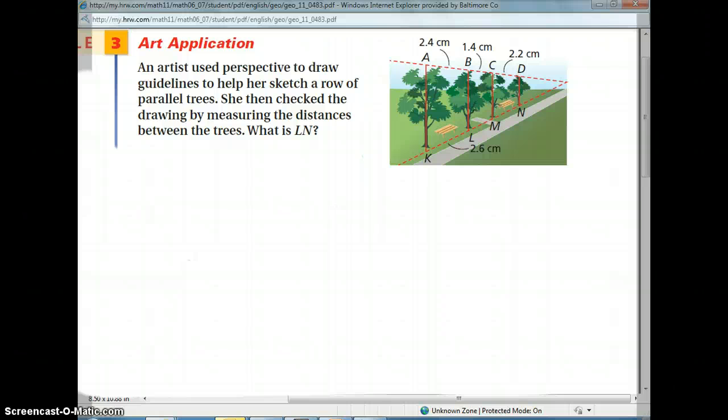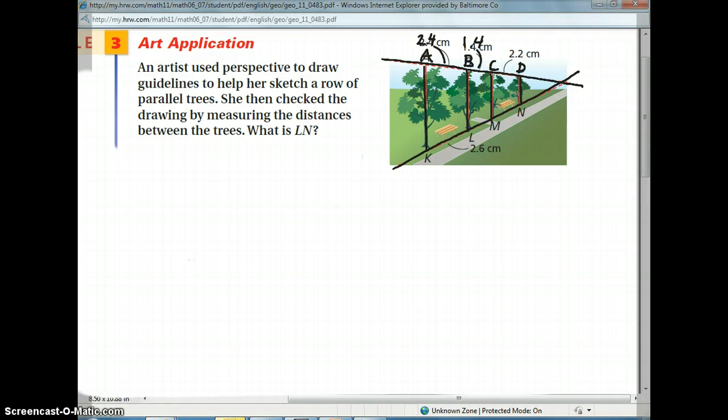I'm going to sketch everything that I need that's important. So we got the parallel lines, the transversals. These points are important that we have those. We need to know what these lengths are. 2.4, 1.4.